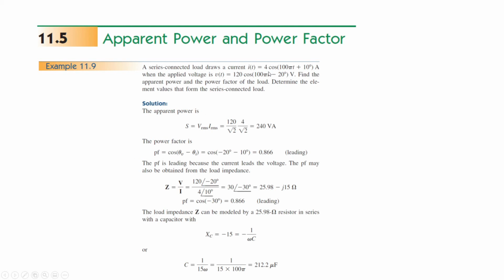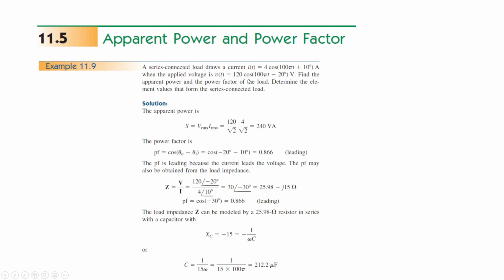So apparent power is basically the multiplication of the root mean square values of the AC current and AC voltage. So the root mean square value of current can be obtained by dividing the amplitude of current by under root 2. So this is exactly what we do here.